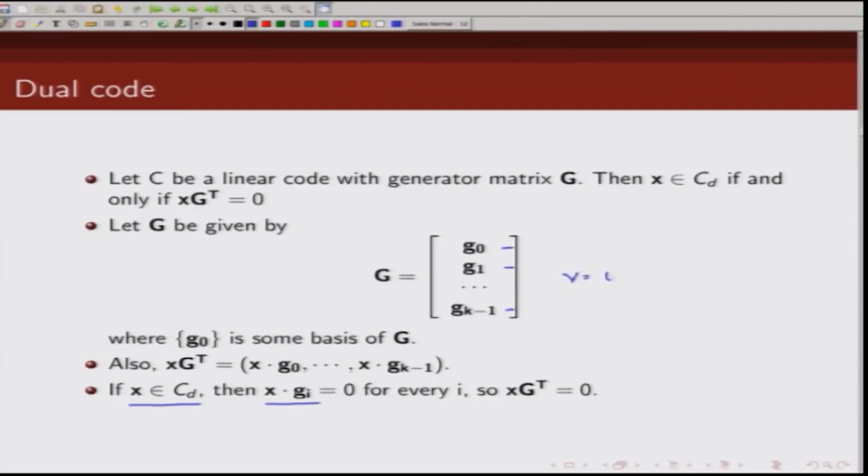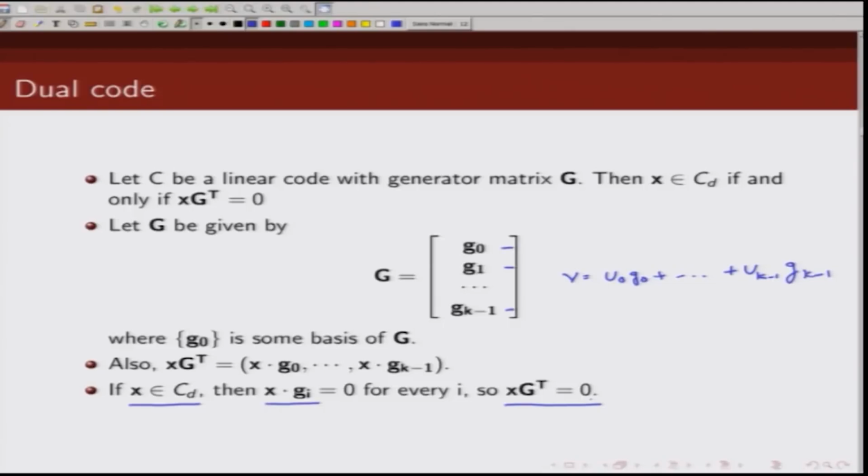V is, you can write, U0 G0 plus dot dot dot plus Uk minus 1 Gk minus 1, right. So, if X belongs to the dual code, then the inner product of X with Gi's would be 0, and hence XG transpose will be 0.